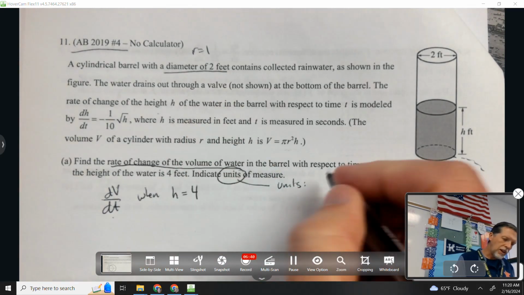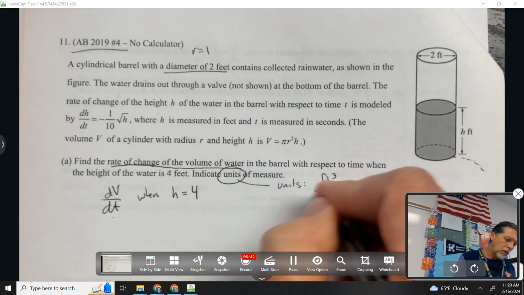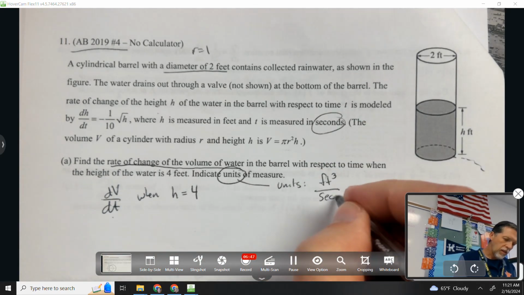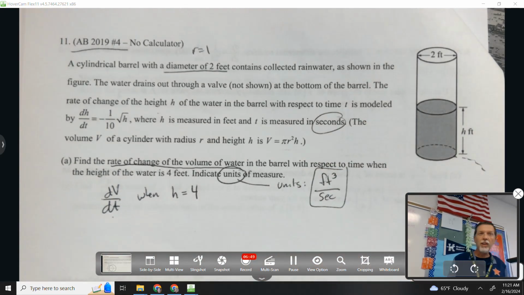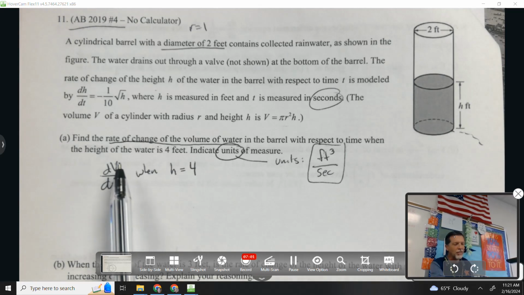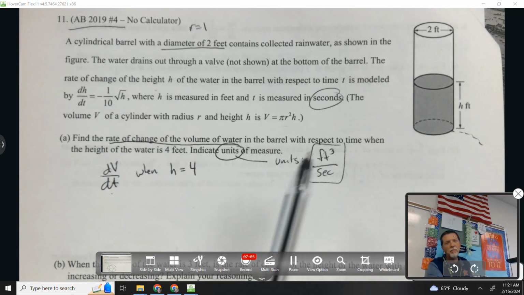So if we're in feet, that'll be feet cubed per second. And truly, that was probably worth 1 point on this free response question. Even if you didn't know anything else, you can figure out the units of change in volume over change in time. That's a free point.